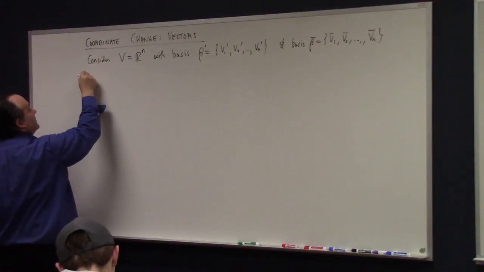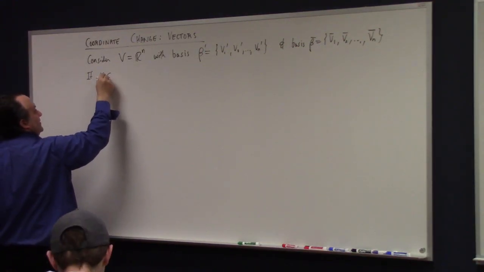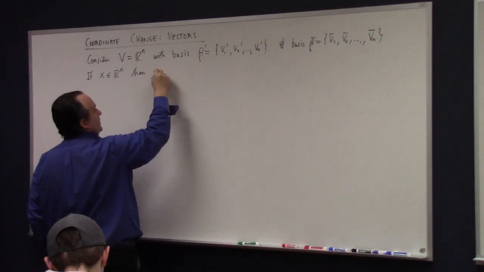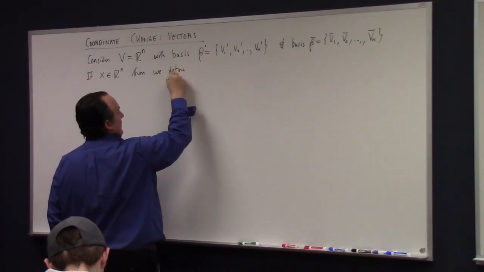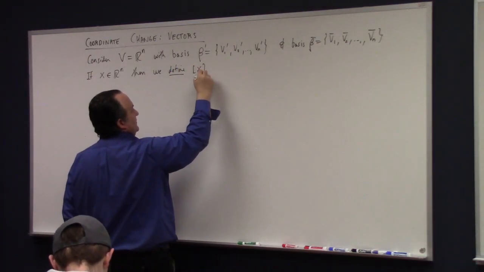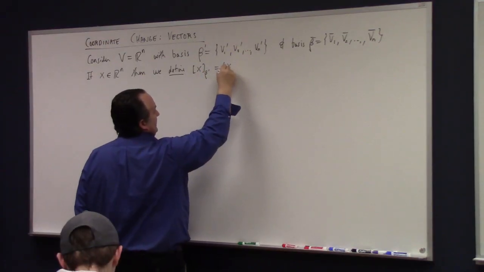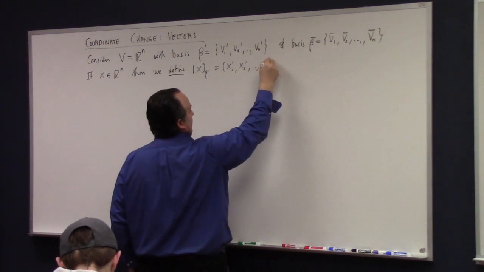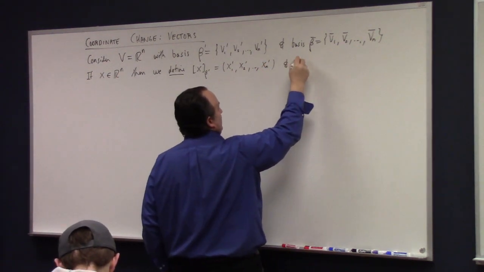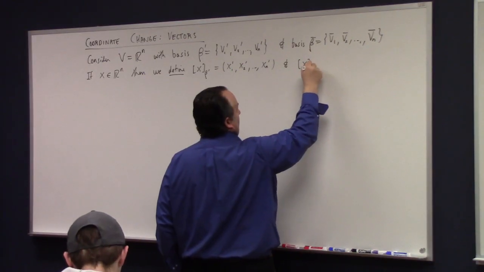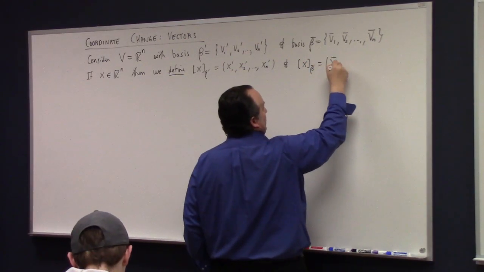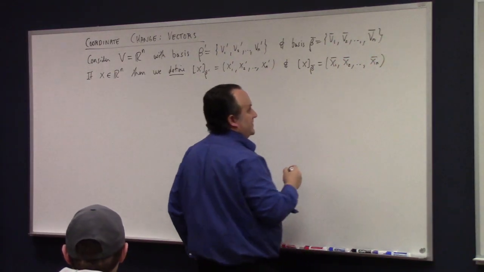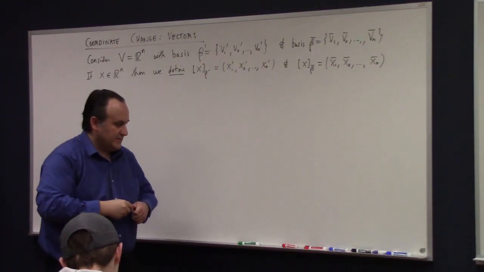So if x is an element of Rn, then we define the coordinate vector of x with respect to beta prime to be x1 prime, x2 prime, xn prime, and the coordinate vector of x with respect to beta bar will be x bar 1, x bar 2, x bar n. At least this notation will get us started, and we'll drift away from it as class goes on, all right?